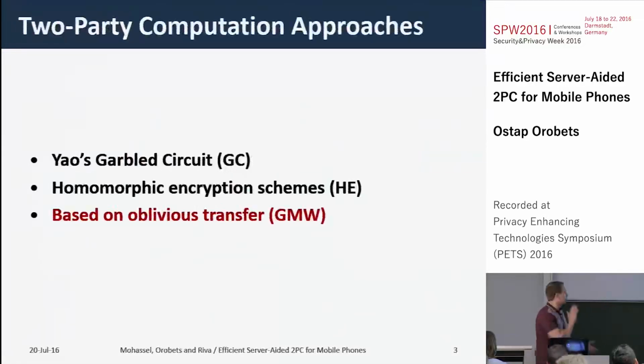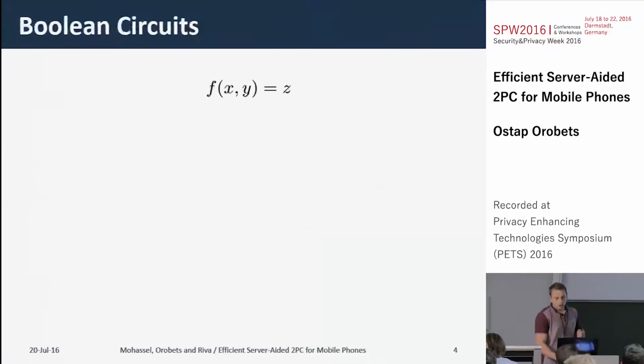Currently there exist three main approaches to perform secure computation. The first one comes from Yao's garbled circuit. The second one comes from homomorphic encryption schemes, and another one is based on the GMW protocol, based on oblivious transfers. In particular, this talk will be based on this last one.